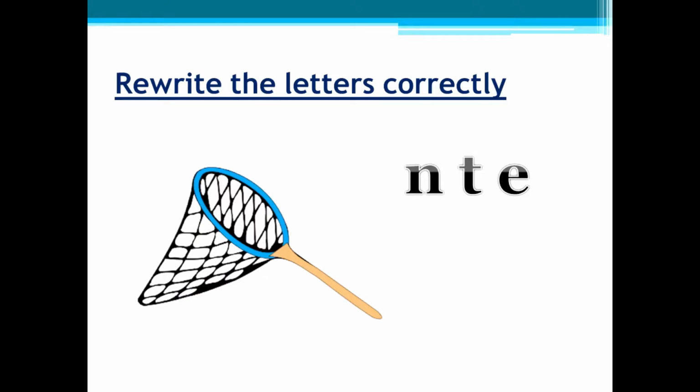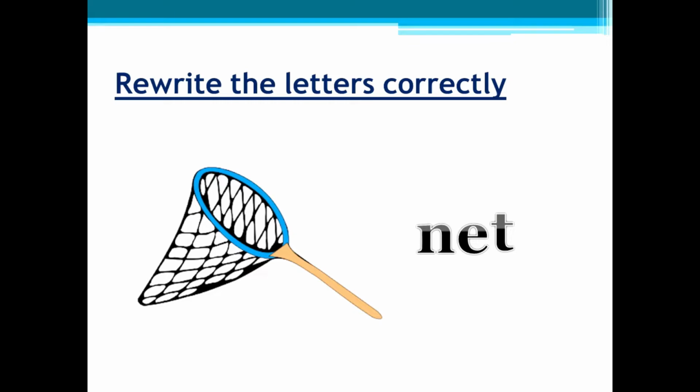Yes, this is a net. Now I have to arrange these letters and form a new word which is net. So what will I do? N, E, T, net.